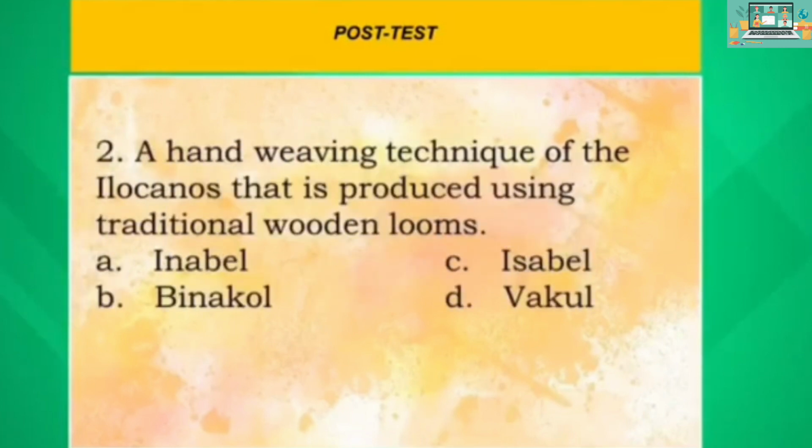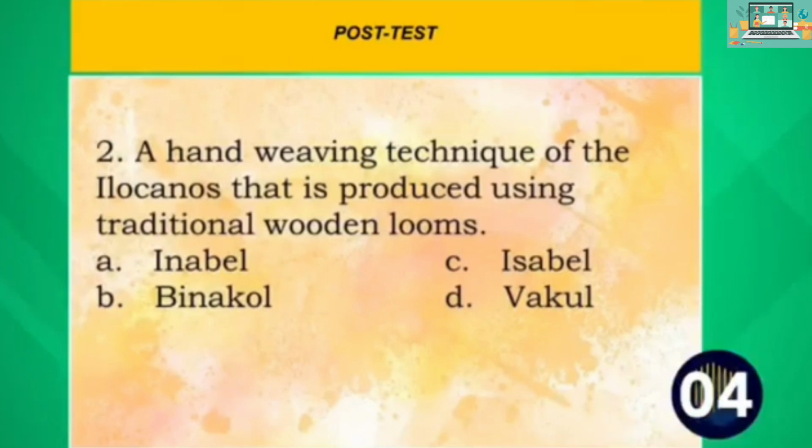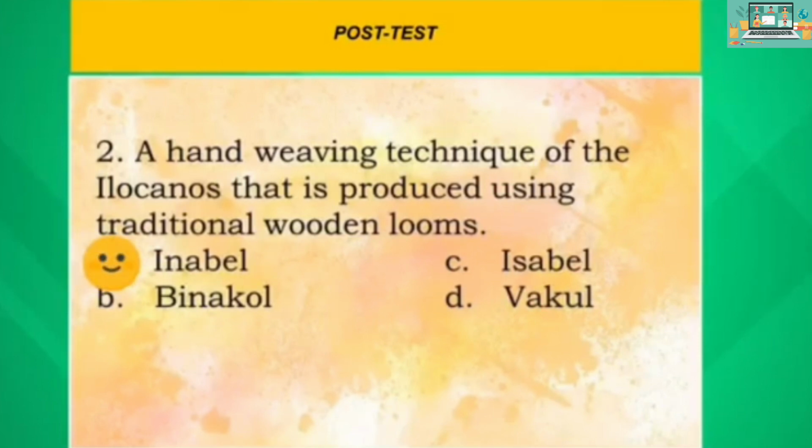Number 2, a hand-weaving technique of the Ilocanos that is produced using traditional wooden looms. A. Inabel, B. Binakol, C. Isabel, D. Vakul. And the answer is letter A, Inabel.